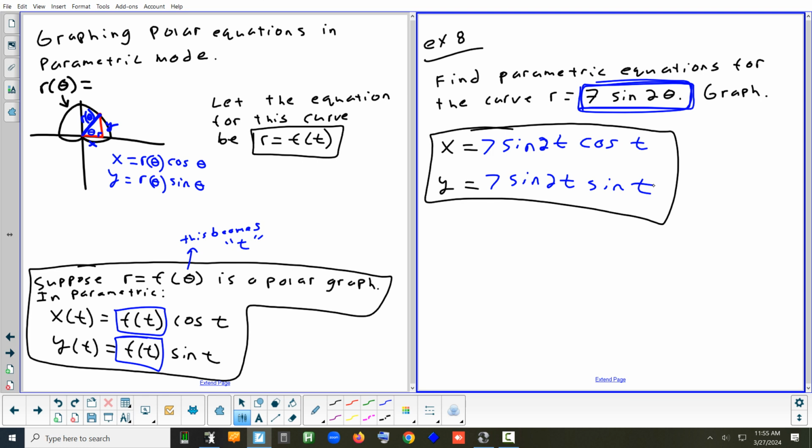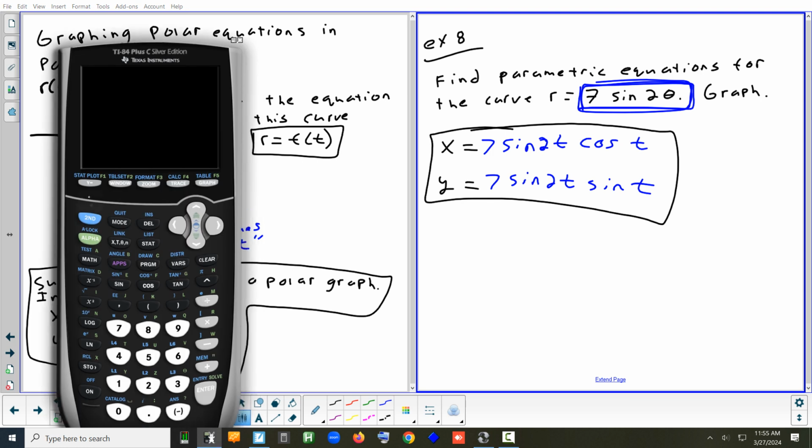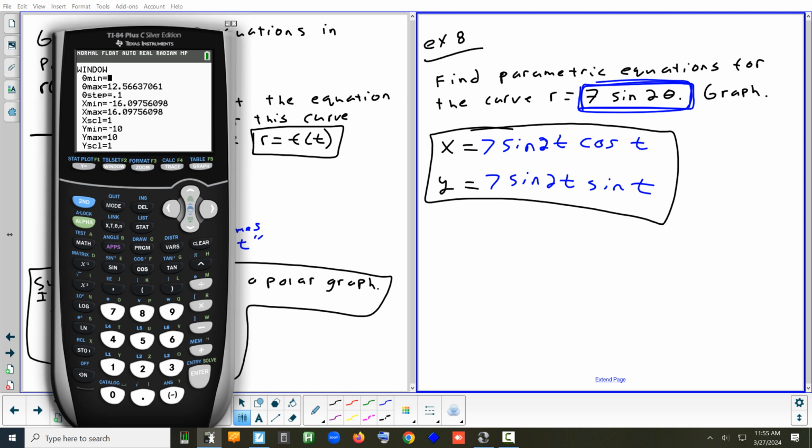I got the graph for it. Yeah, let's take that in and see what it looks like. So go to parametric, type in 7 sine 2t cosine t, and 7 sine 2t sine t.